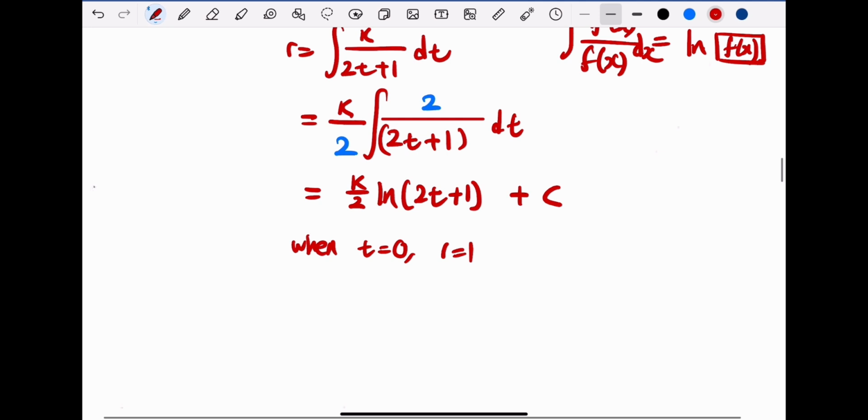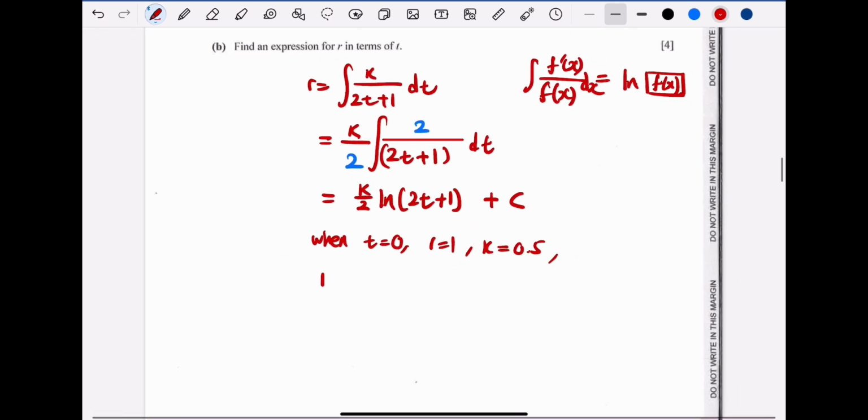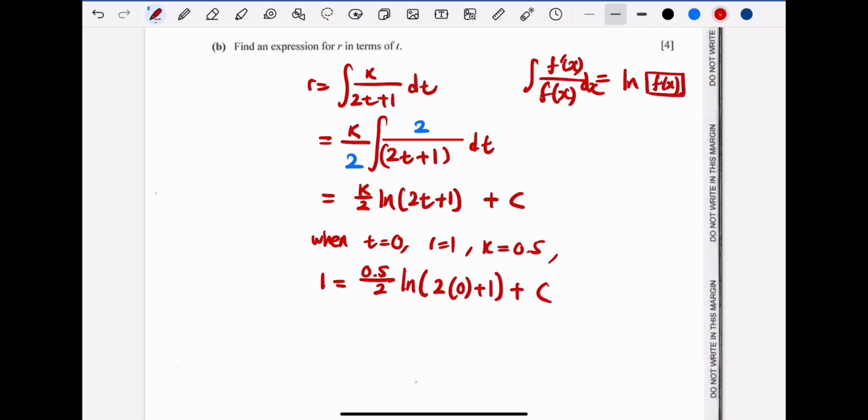We already have the k value as well, k equals 0.5, so we sub it in. 1 equals 0.5 over 2 ln(2 times 0 plus 1) plus c.